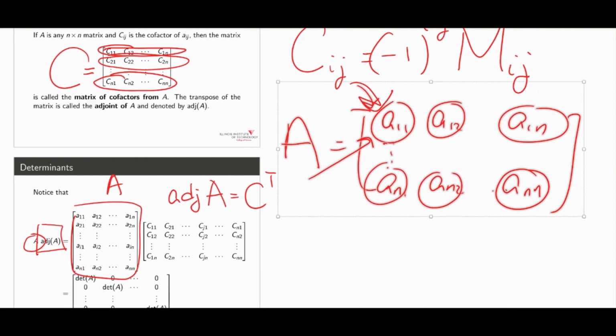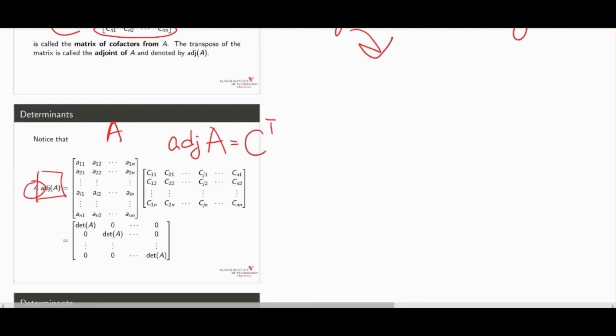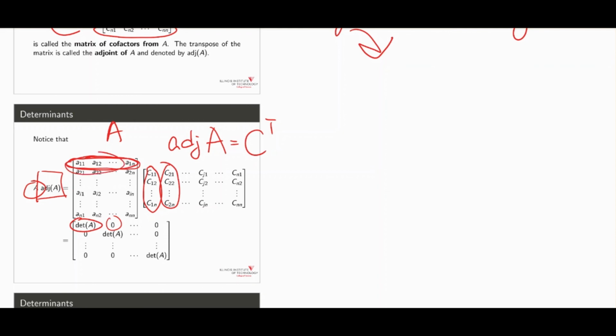It turns out that when you do this matrix multiplication, it will give you the determinant of A here, and 0 here, and 0 here. In fact, it will give you 0 for everything except on the diagonal. So when you do this, you have the determinant of A.